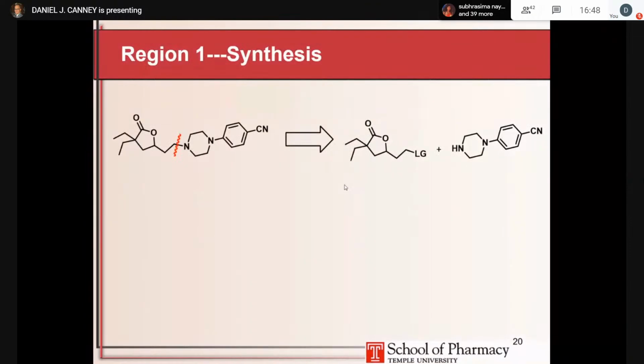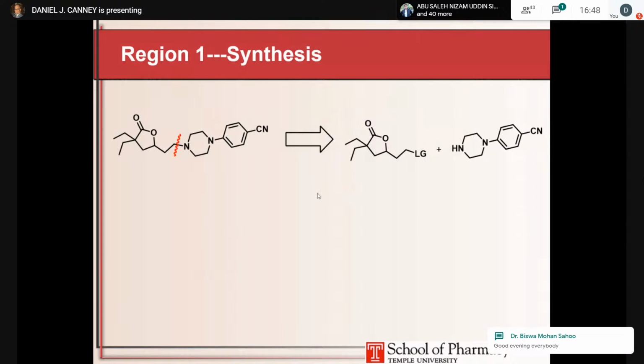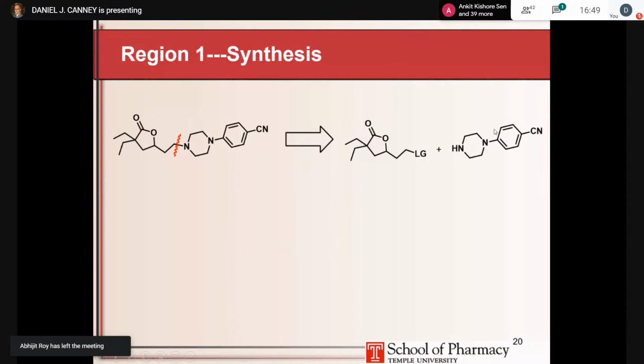So, as all medicinal chemists will do, we broke the molecules apart and figured out one of the most efficient ways of synthesizing them. We thought that if we could come up with this lactone intermediate, lots of arylpiperazines are available commercially, you can buy them, and then we'll see later that we ultimately started synthesizing some of these arylpiperazines.